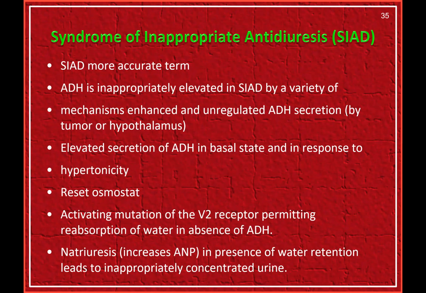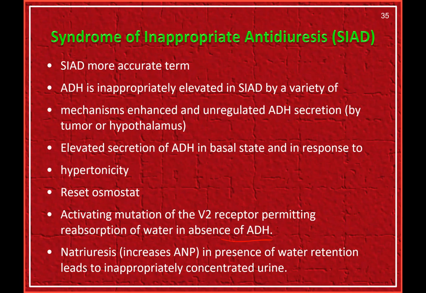The mechanisms: enhanced and unregulated ADH secretion by a tumor or from the hypothalamus. Elevated secretion of ADH in the basal state in response to hypertonicity, or the osmostat is reset. That is also called the reset osmostat, because of cerebrovascular disease. Activating mutations of the V2 receptors permit reabsorption of water in the absence of ADH.